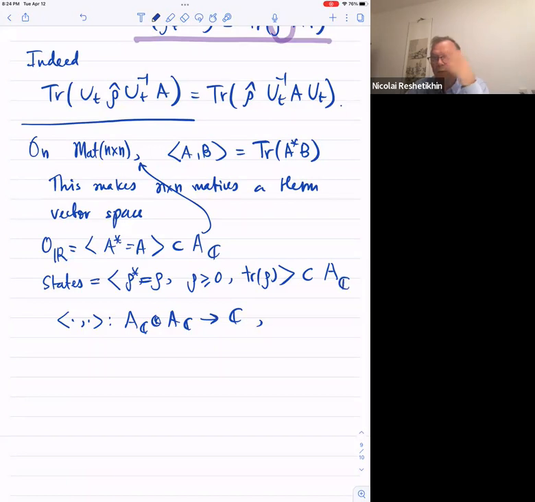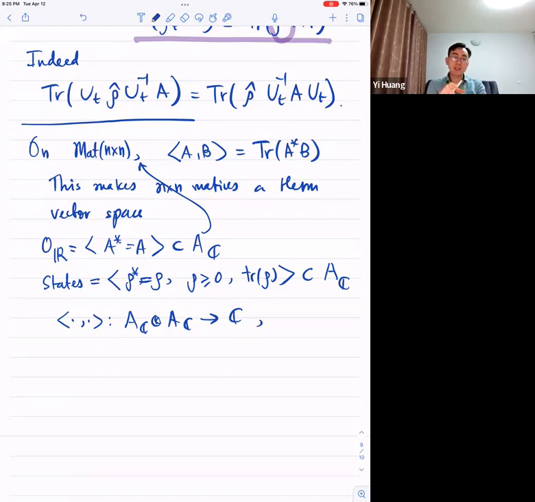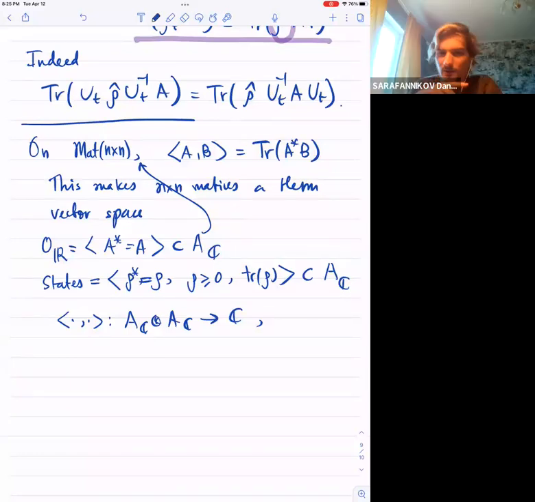Are you saying that these two subspaces are dual to each other? In some sort of, I guess. I think maybe he means like state sits in maybe the left A_C and the observable sits in the right A_C. Yes, some sort of.